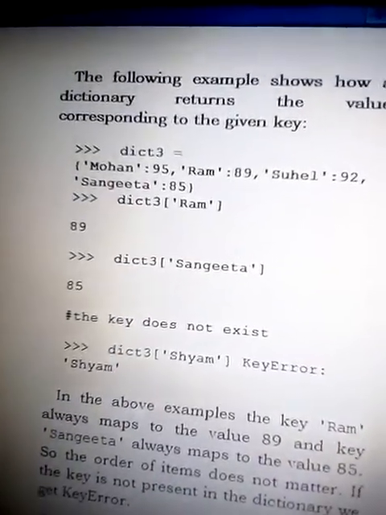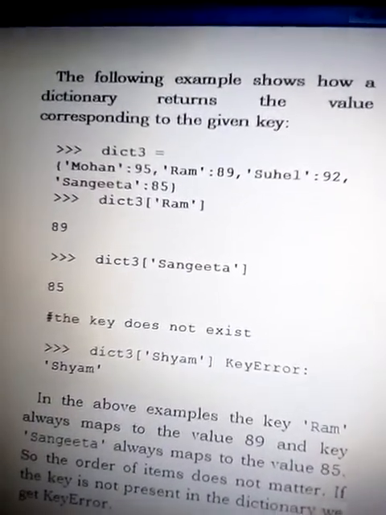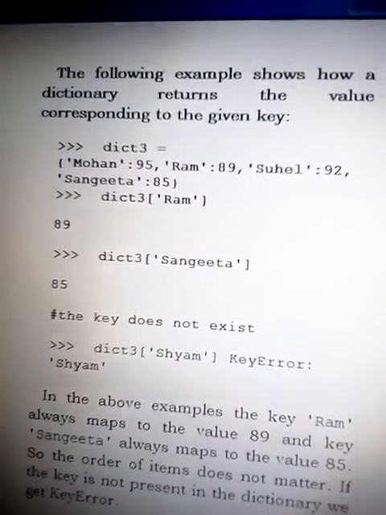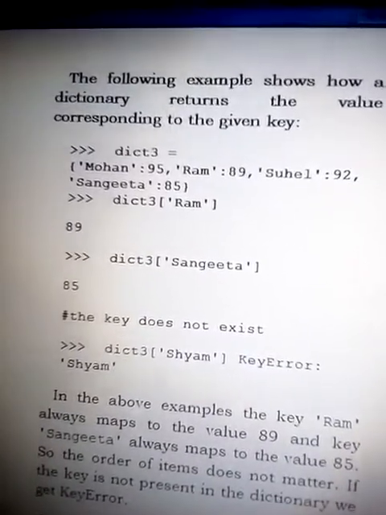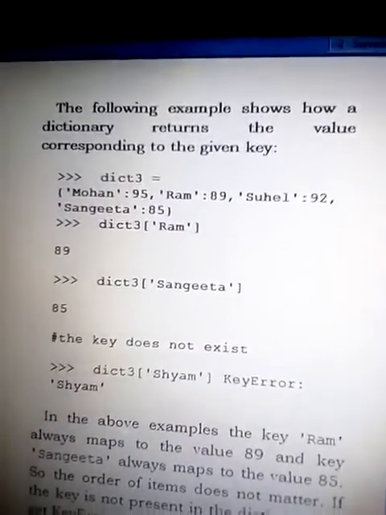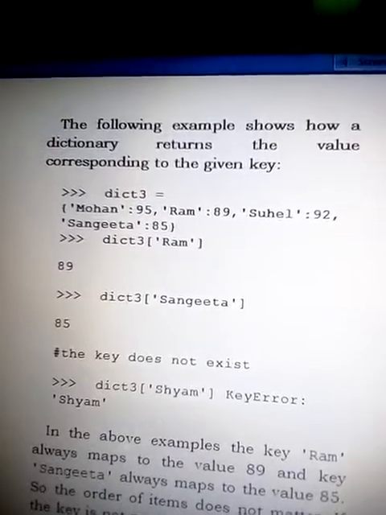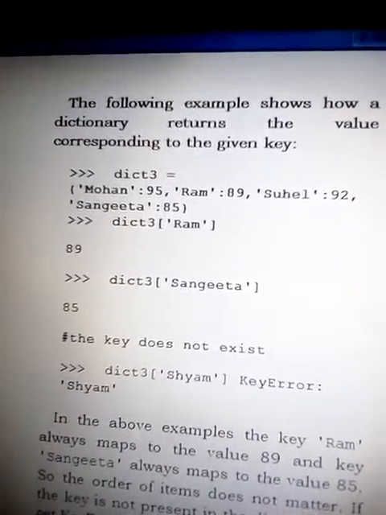Okay, there are some examples here. First, dict3 we are assigning here, same example we are taking. Now if we want to access dict of gram, that means we are getting the value of gram, that means indexing is passing as key gram.